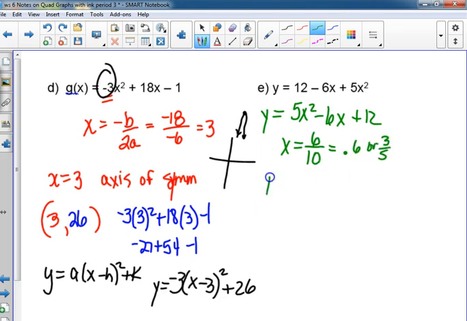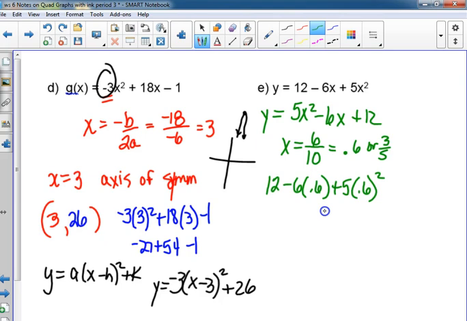Okay, can we just use the decimal to type it in, see what we get? I went back to the original one, I guess, but yeah, I am going to use my calculator for that. 12 minus 6 times 0.6 plus 5 times 0.6 squared.